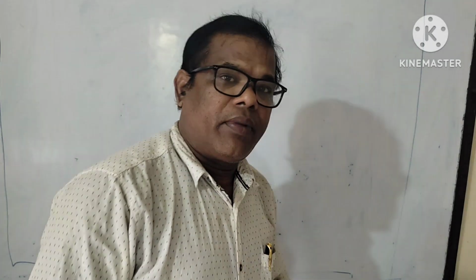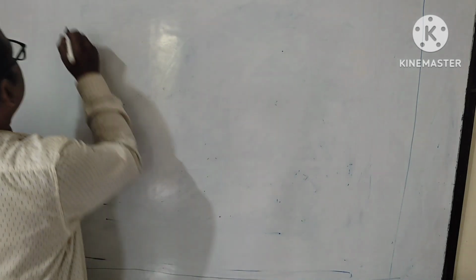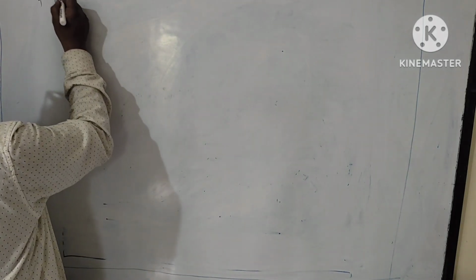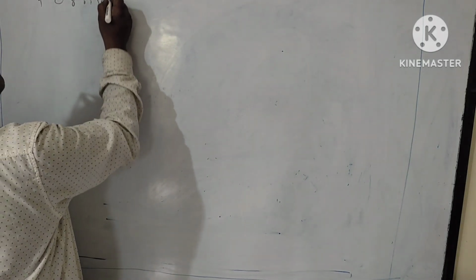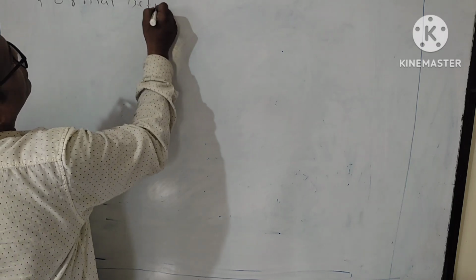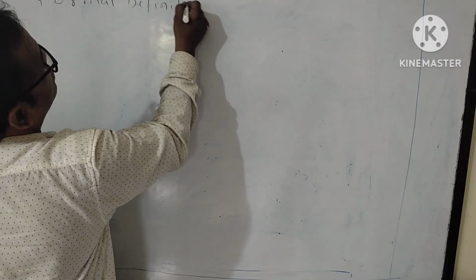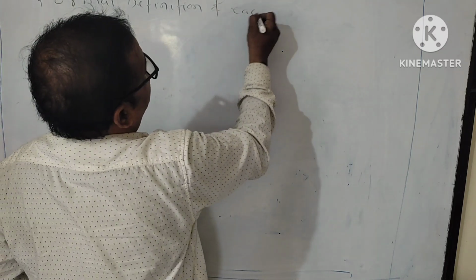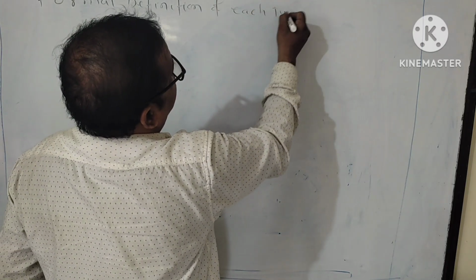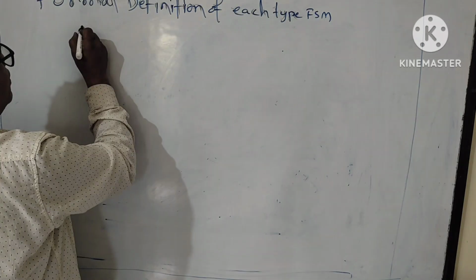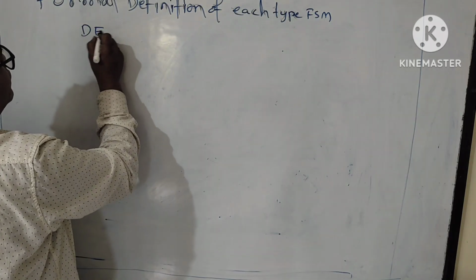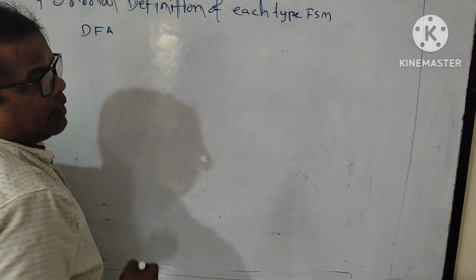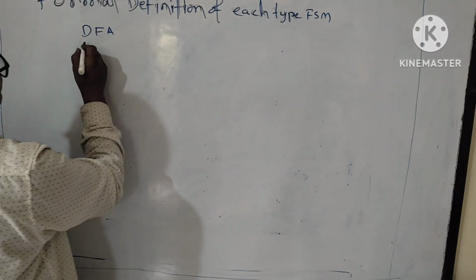Let me give a little bit of formal definition of all the machines here. Now let us discuss the formal definition of each type. First, the DFA. In some of the books it is directly called finite automata also.